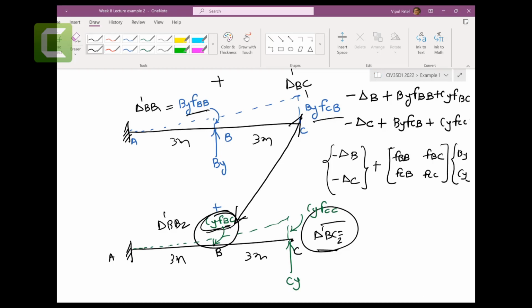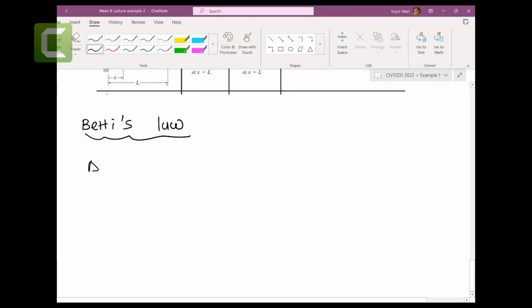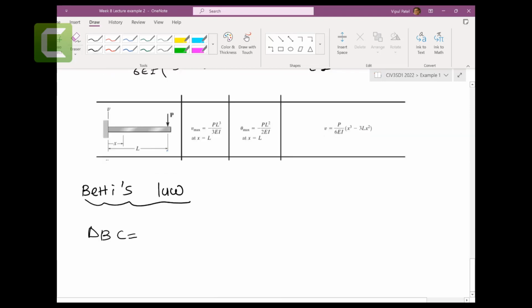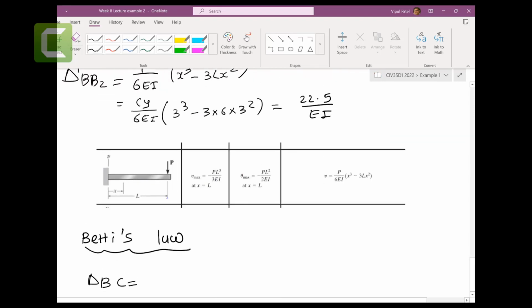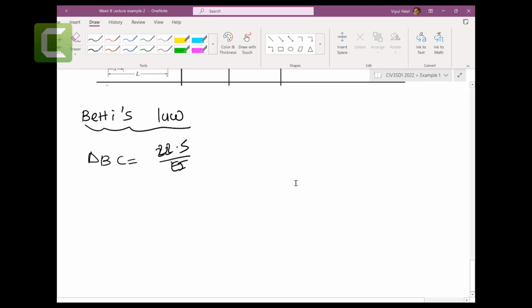Graphically it's not showing because I did not draw to scale, but with force by and another force cy, these displacements are the same. So delta dash BC would be the same as this one, 22.5 over EI, based on Betti's law. Now we have everything to solve.